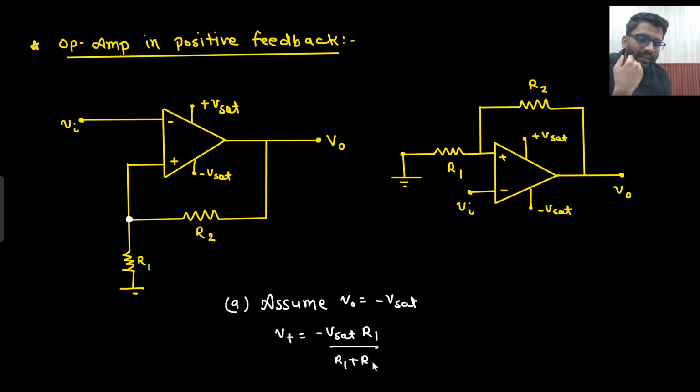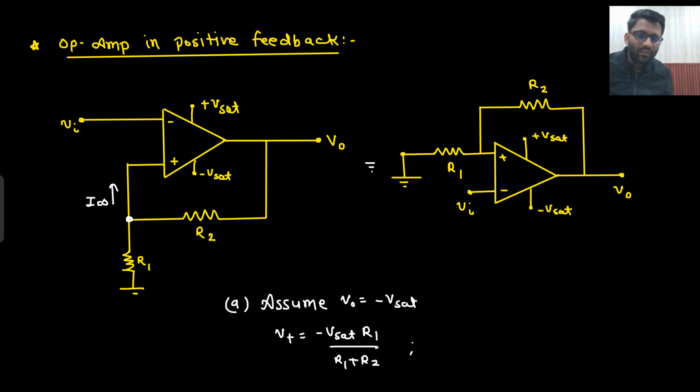What did I do? I simply applied the potential division, because this will draw 0 ampere current. So minus Vset into R1 divided by R1 plus R2. What is the condition? If you have assumed your output to be minus Vset, that means your V positive should be less than V negative.